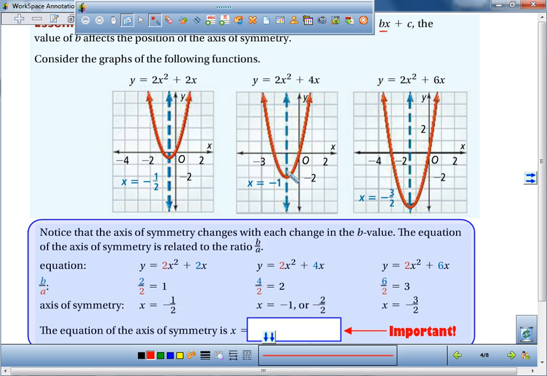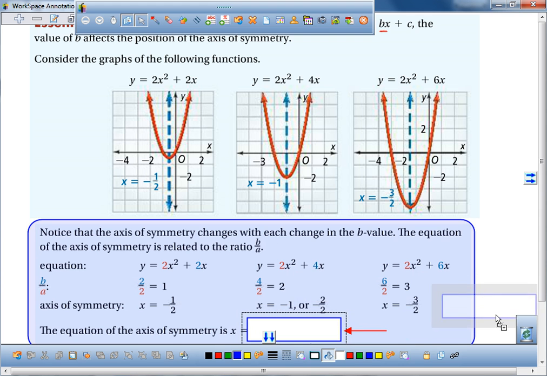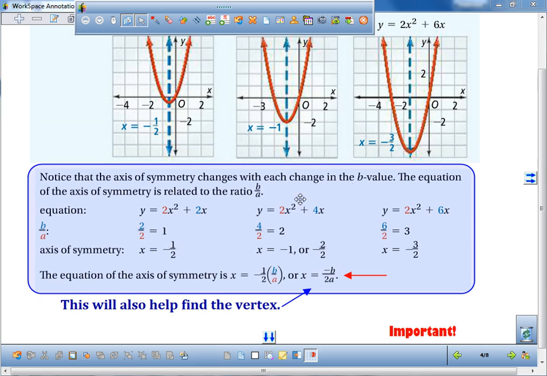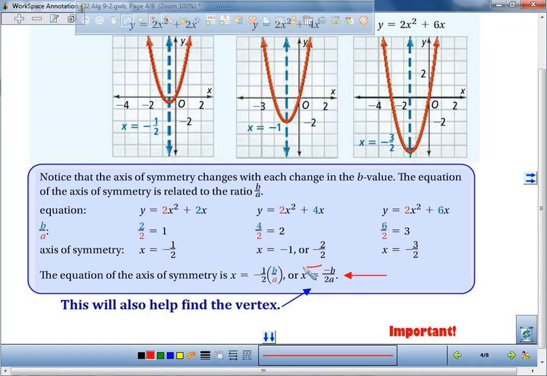But to find the vertex, we're going to use the equation negative b over 2a. That's an equation you're going to want to remember, and that's just to find the x-coordinate of your vertex. So the x-coordinate of your vertex is negative b over 2a.